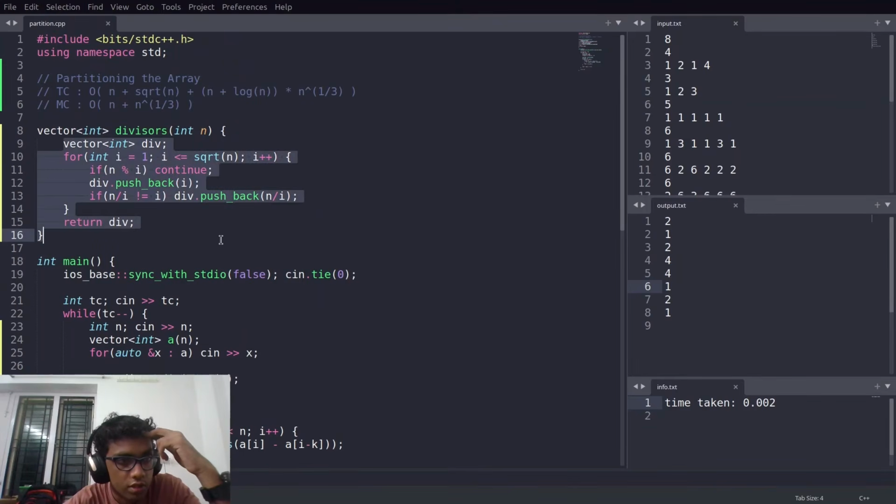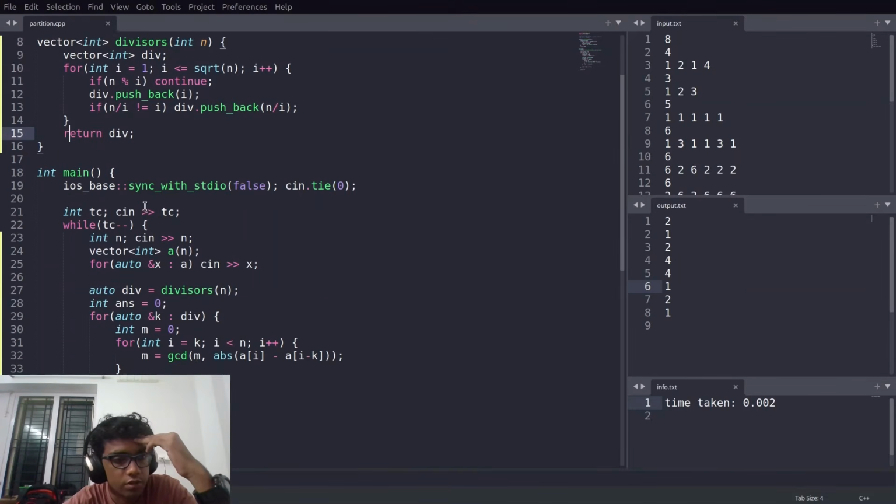The way I'm doing it here is a simple square root of n check. So up to square root of n, we will check which numbers are divisors. We need to check at most square root of n because either I is a divisor and then n divided by I will also be a divisor, and there will not be any other divisors. So it's a simple check for divisors. You can read this code. It returns a vector of divisors.